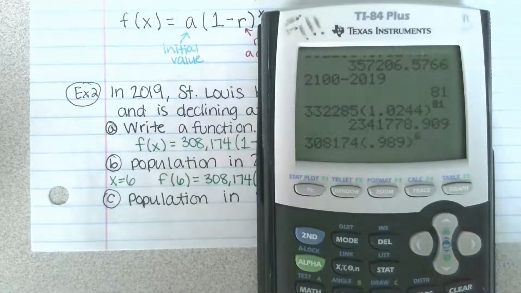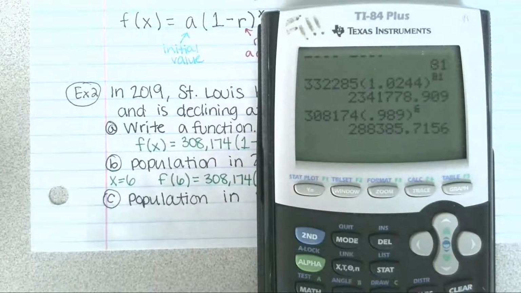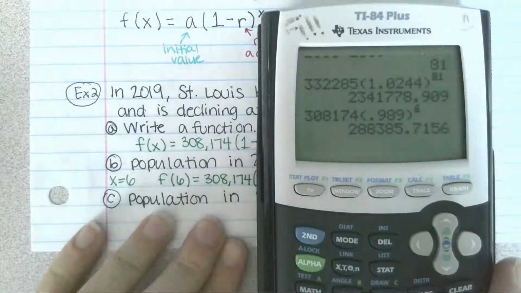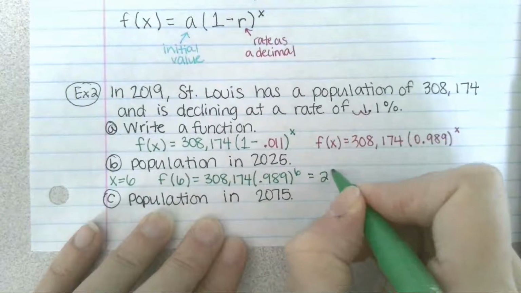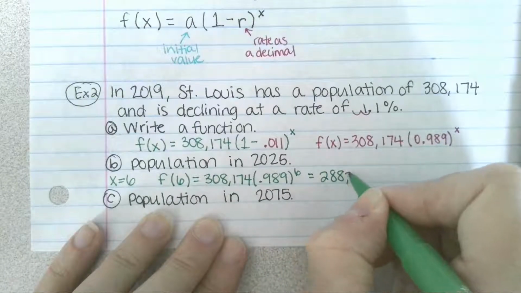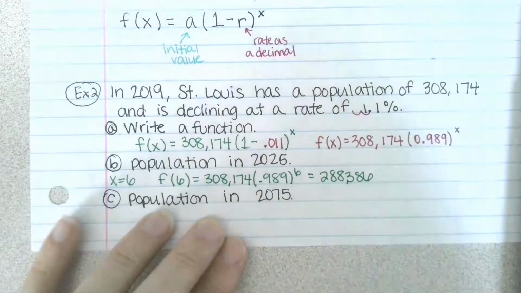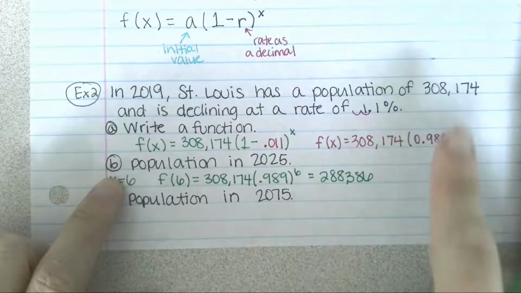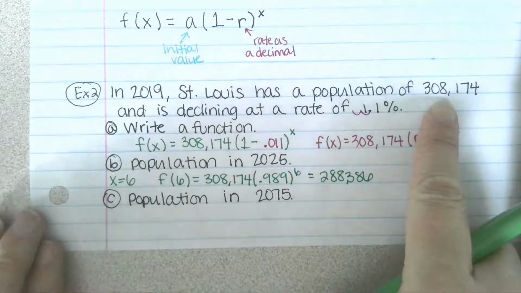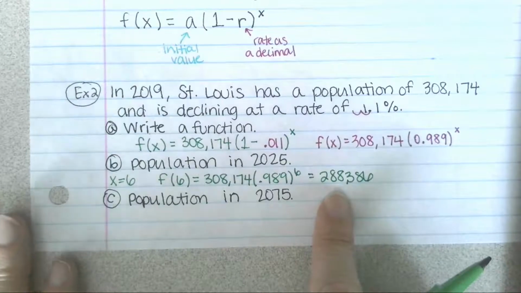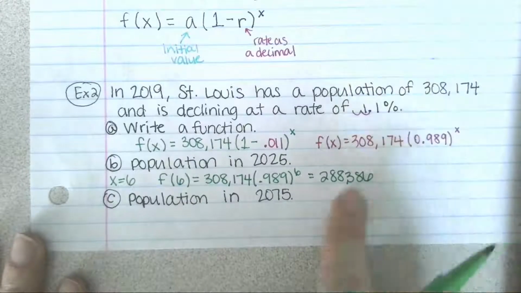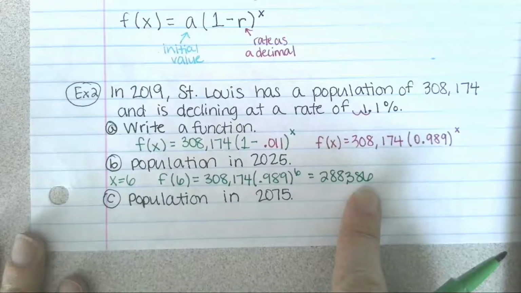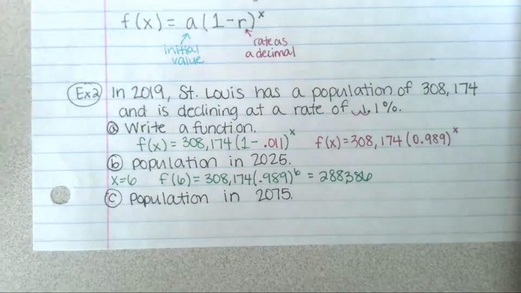And I get 288,386. So in 6 years, the population went from 308,174 to 288,386. So it looks like they lost, in 6 years, about 20,000 people.